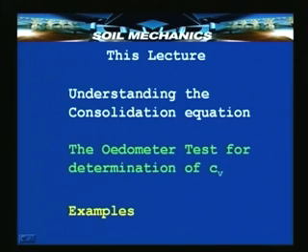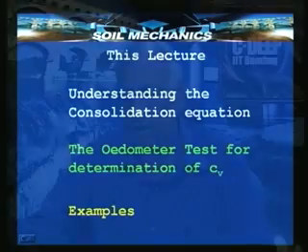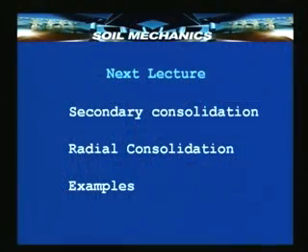We have closed the lecture with a discussion on precompression, and we shall now pass on to some other topics in the next lecture. The topics will be the so called secondary consolidation and the radial consolidation, which also again we will follow up with a few examples.